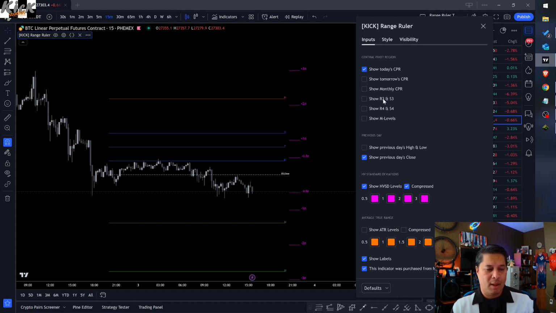And the last setting here is to turn the labels on and off. Once you know what colors you have configured and what they mean, you may not need the labels, so it's just more clutter you can get rid of off your chart.